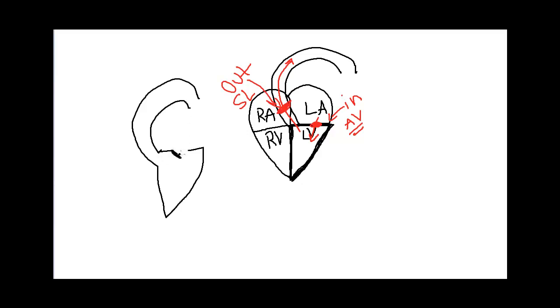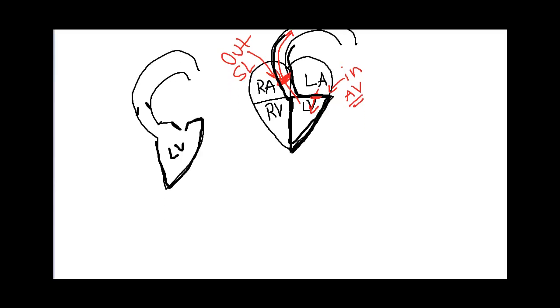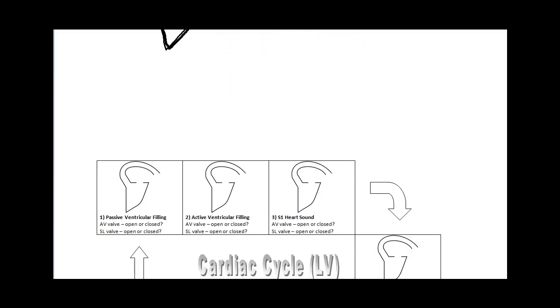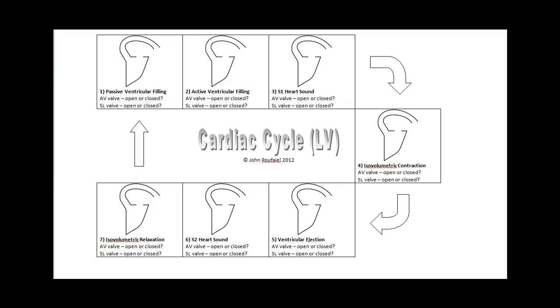It could be open here, open here, open here, and open here. So this area here, that's going to be our left ventricle that you see over here being outlined.